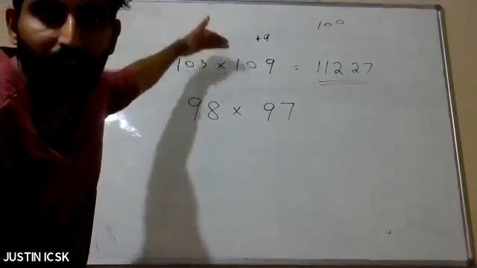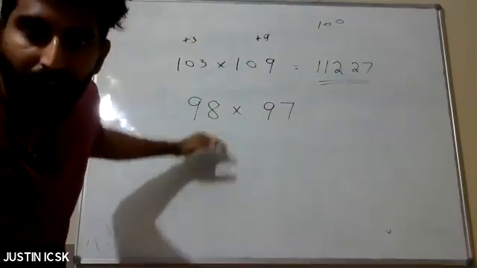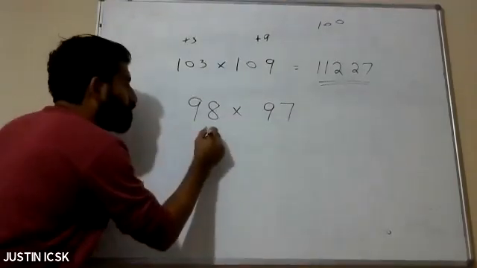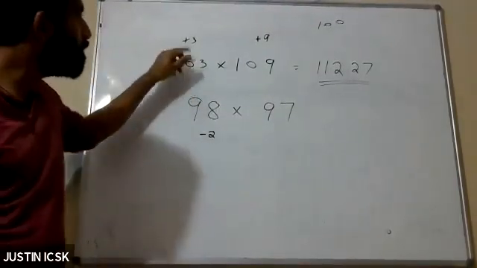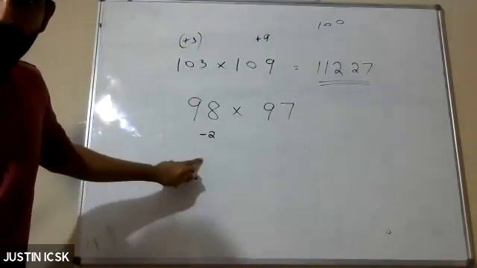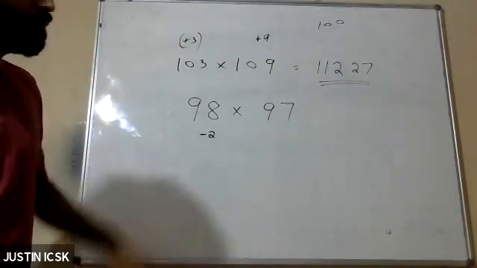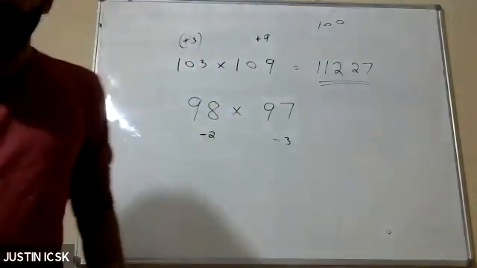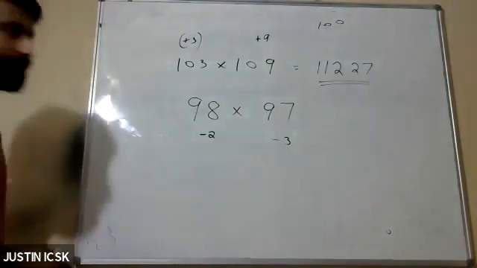This is above 100. So this is below 100, right? So 100 minus 2 is 98. So I'm writing minus 2, and I'm writing downstairs. The positive number you can write upstairs. Negative number means keep downstairs. Okay, minus 2. So here I can write minus 3.